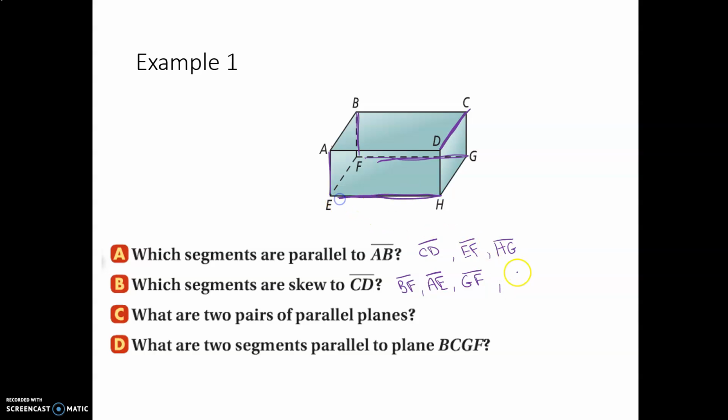And HE is skew. And that's it. All the other ones are either intersecting it, right? CG, you can't say that because it's touching. Same thing with DH. Can't say that because they're touching. Or parallel, right? So we don't want the parallel ones. All right, let's erase and move on to the next one.